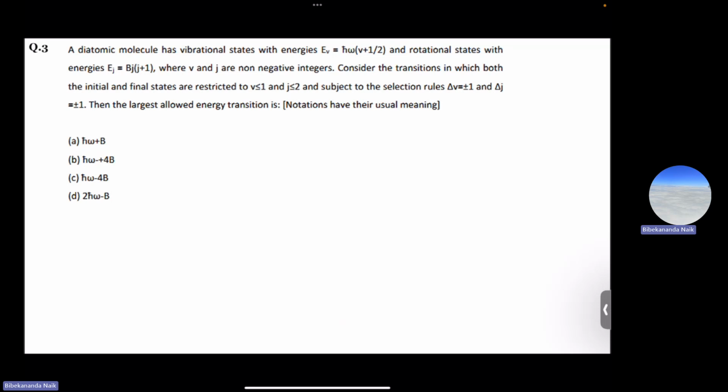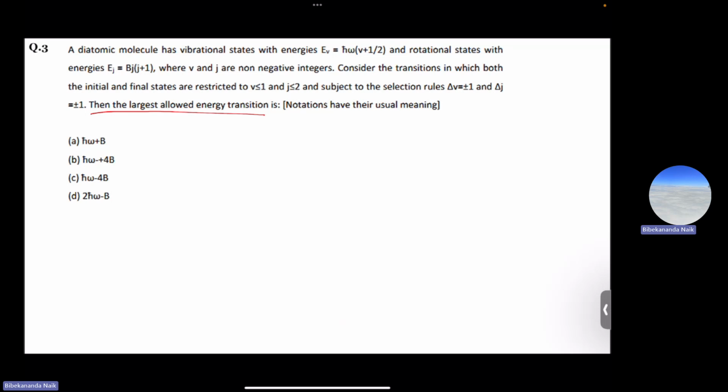Consider the transitions in which both the initial and final states are restricted to v ≤ 1 and j ≤ 2, and subject to the selection rules Δv = ±1 and Δj = ±1. Then the largest allowed energy transition is, options are option A ħω + B, option B ħω + 4B, option C ħω − 4B, and option D is 2ħω − B.